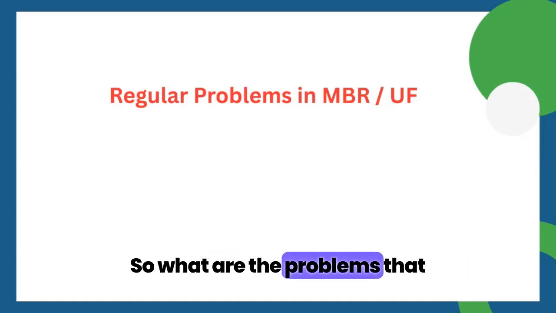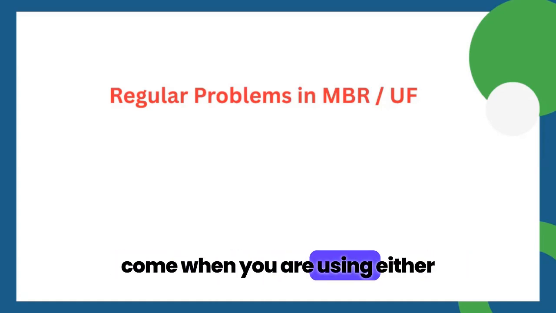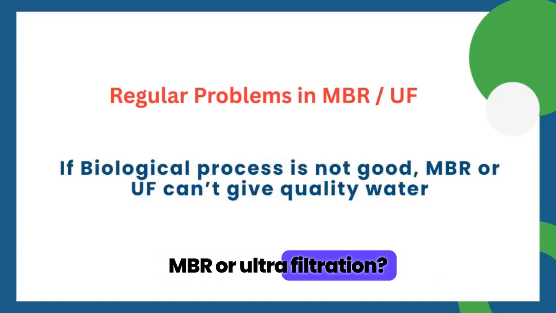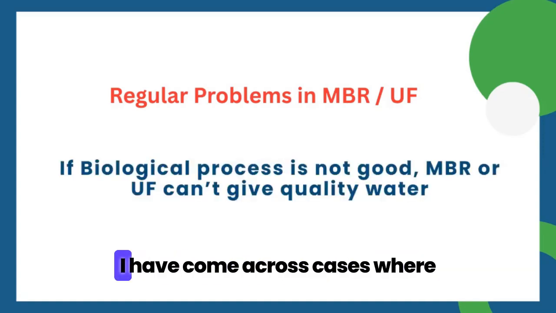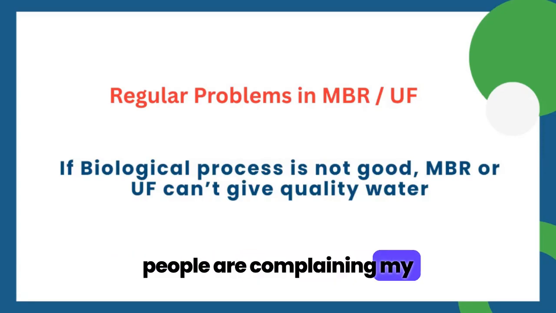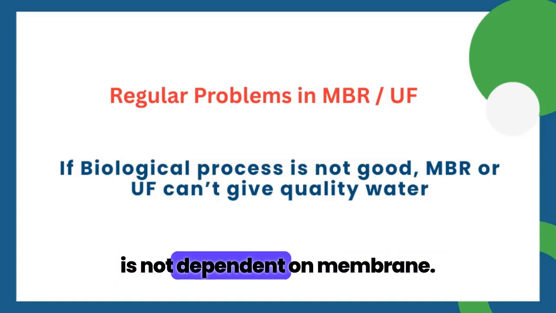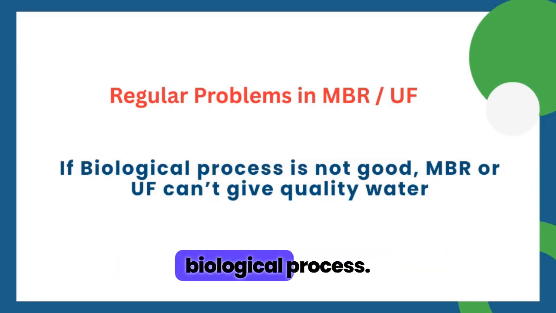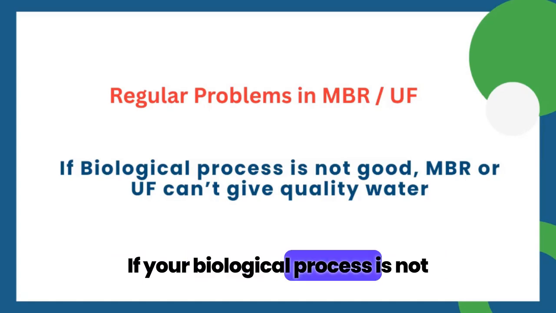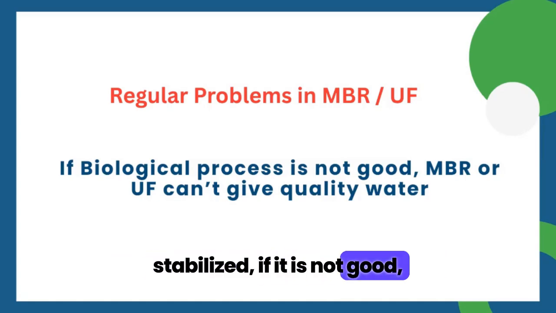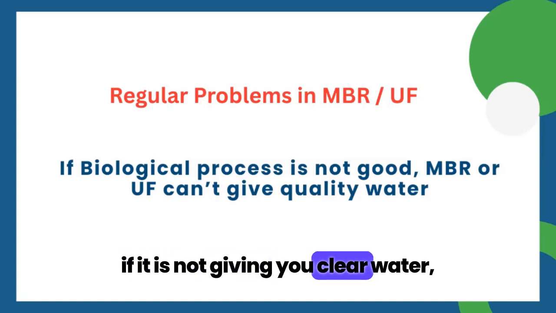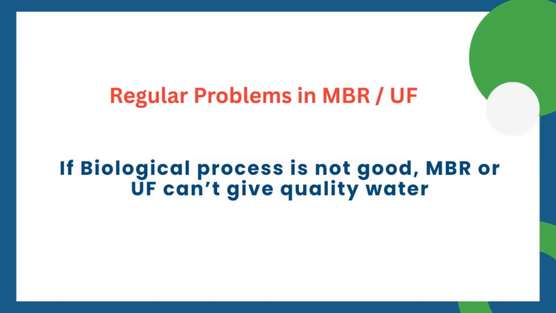So what are the problems that come when you are using either MBR or ultrafiltration? See, please understand this. I have come across cases where people are complaining my water quality is not good. Your water quality not being good is not dependent on the membrane. It is dependent on your biological process. If your biological process is not stabilized, if it is not good, if it is not giving you clear water, the membrane cannot do much.